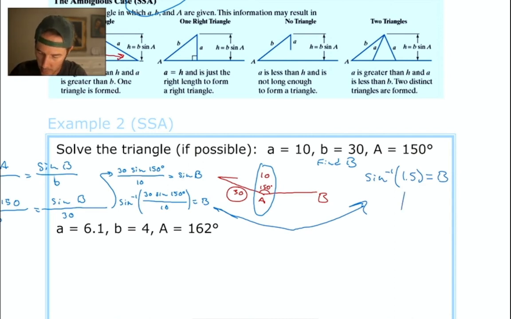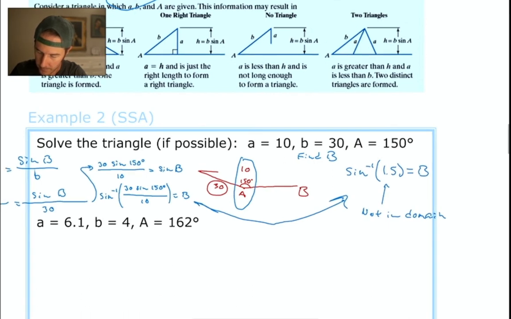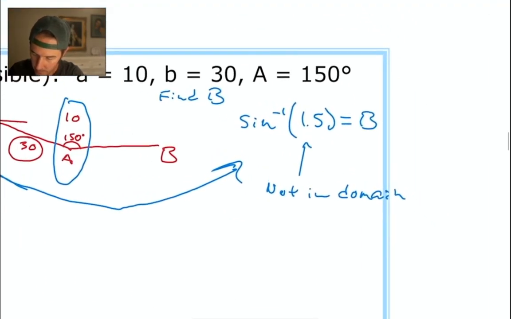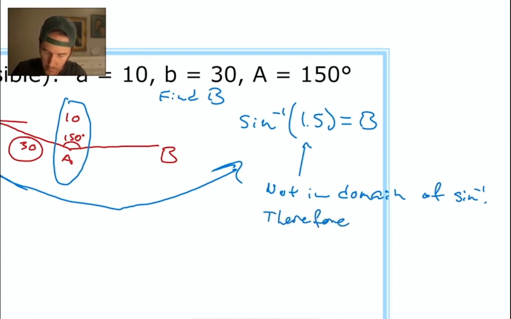So we should write a note that says not in domain of inverse sine, therefore, whether you spell your therefore with an E at the end or not, I think it can be spelled both ways.